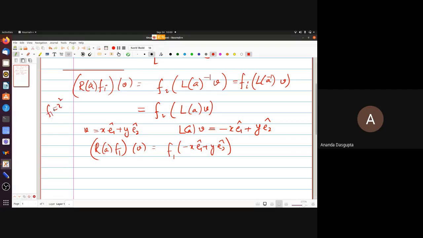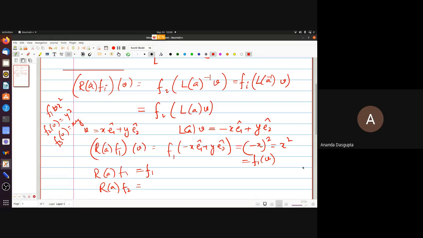F1 acting on V gives you X square, F2 acting on V gives you Y square, F3 acting on V gives you XY, where, of course, X and Y were the two components of the vector which you were feeding to the function. So this is going to give you minus X whole square, which of course is X square. And that's F1 of V. Again, this is true for all V, which means you end up with RA F1 is F1.